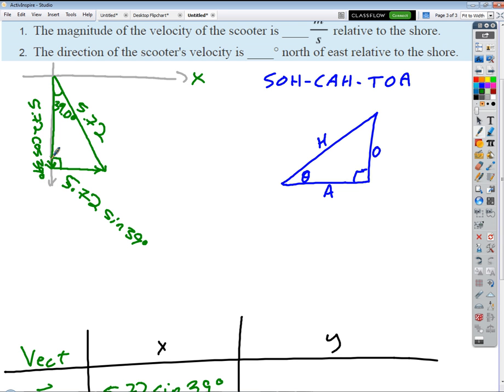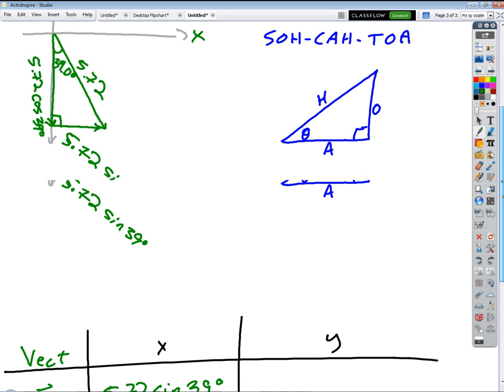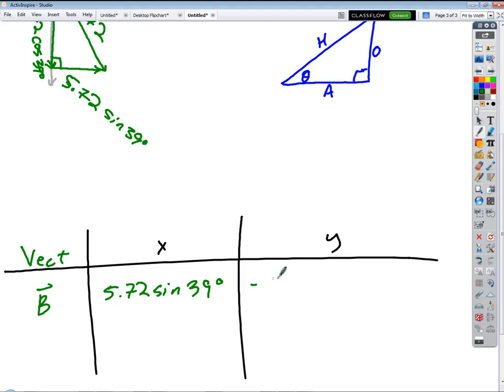Negative, because it's pointing down, so we have to make it negative: 5.72 cosine 39 degrees. We good? Okay, check one off the list. We took care of the boat.